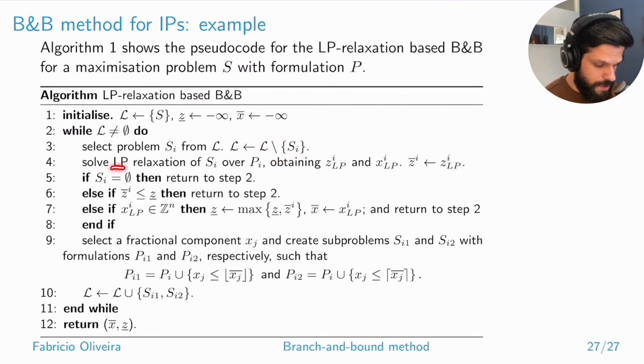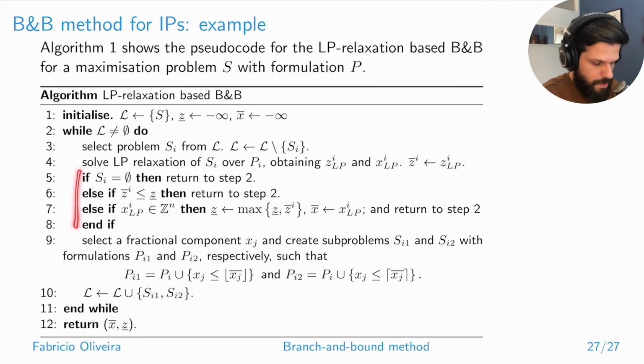And then we solve the LP relaxation of this subproblem, obtaining a linear relaxation Z and a linear relaxation X. This is automatically a local upper bound. It's a dual bound, so we can update this.